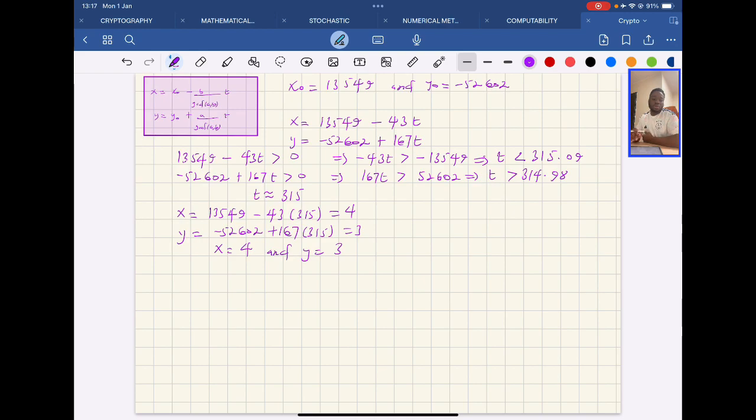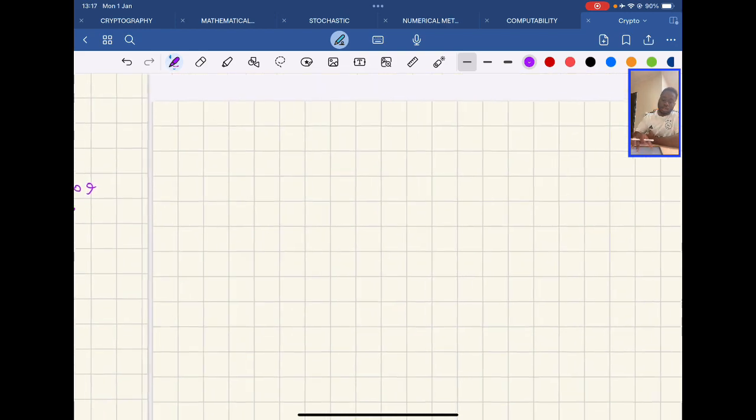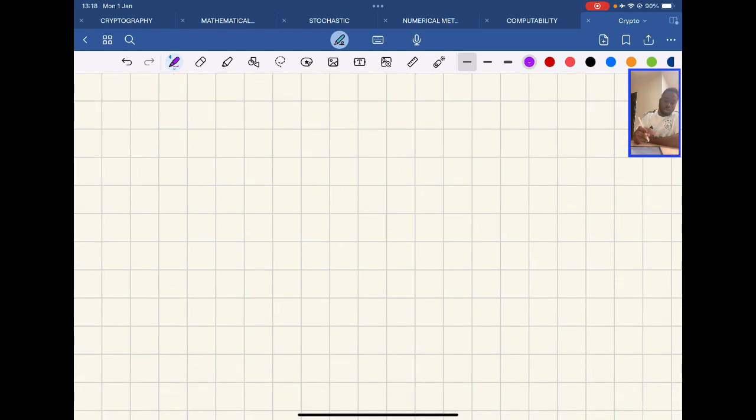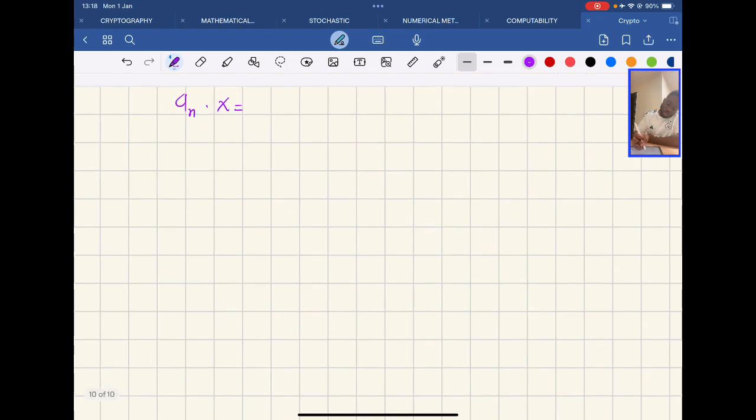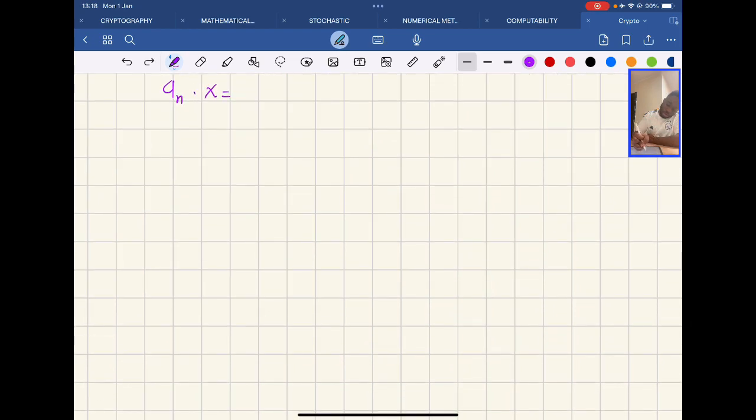Okay, so the last thing that we are going to treat today is if you have an equation of this form. So when you have an equation of this form, how do you solve this?